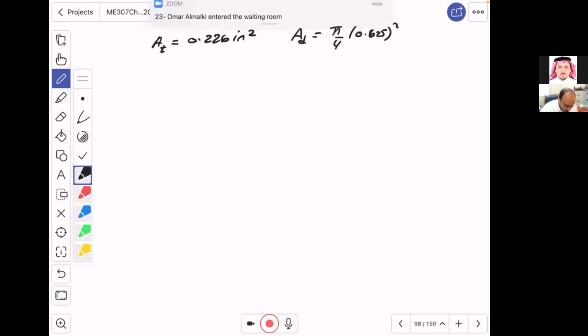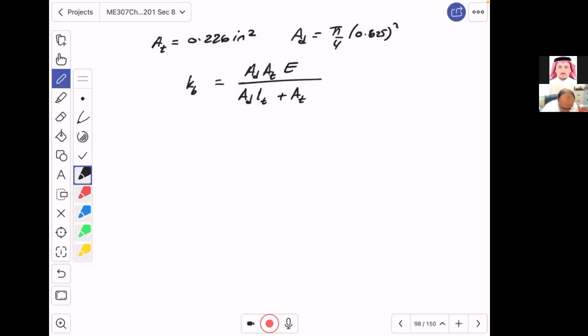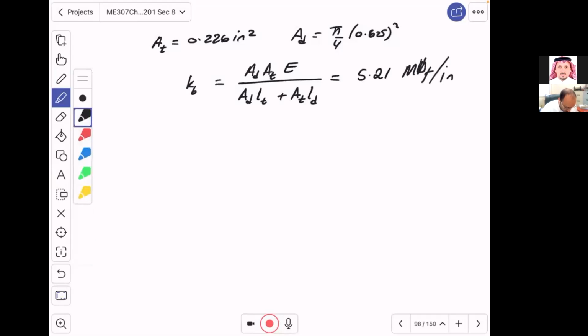When you find all of these, you can find KB, which is equal to AD multiplied by AT times E divided by AD multiplied by LT plus AT multiplied by LD. When you calculate all of this, you will get 5.21 megapound force per inch.